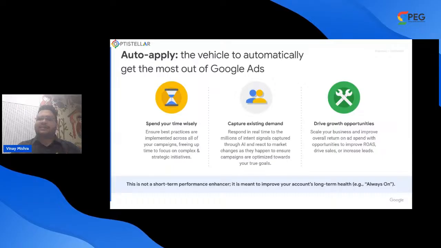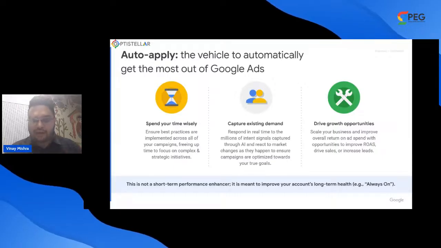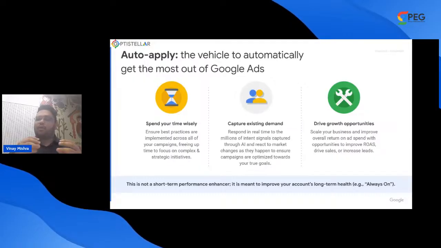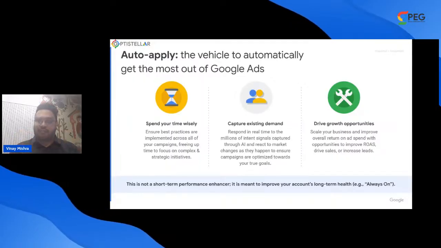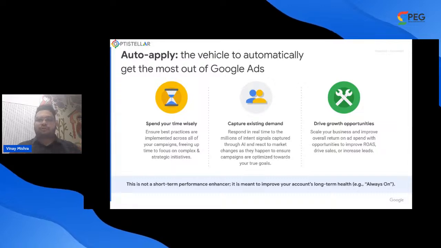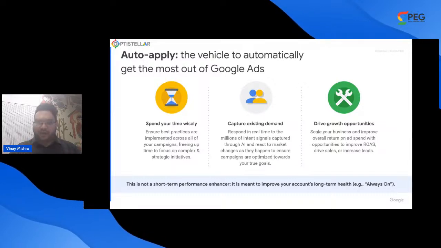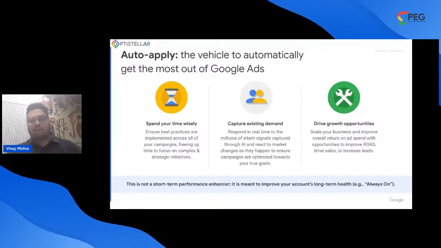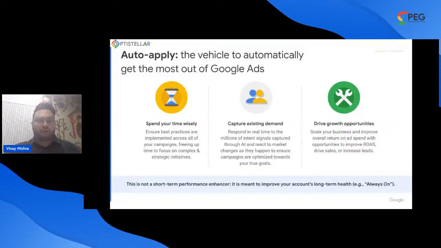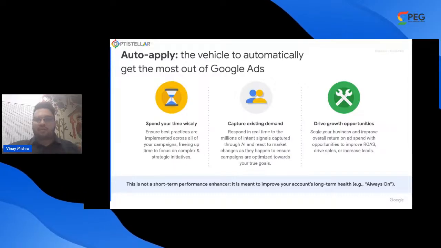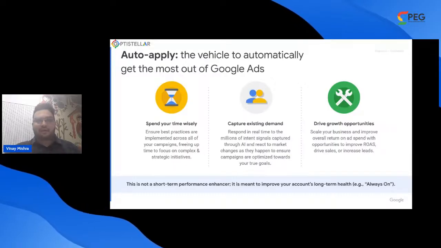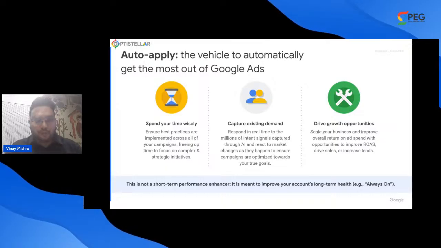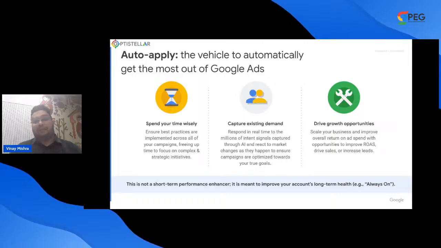These recommendations are automatically applied on your campaign, which gives you, as an agency or an advertiser, a lot of time to focus on the complex and strategic initiatives, like expanding your reach to a particular new audience, researching how you can grow your business, how you can take your business to the next level, and create more demand.